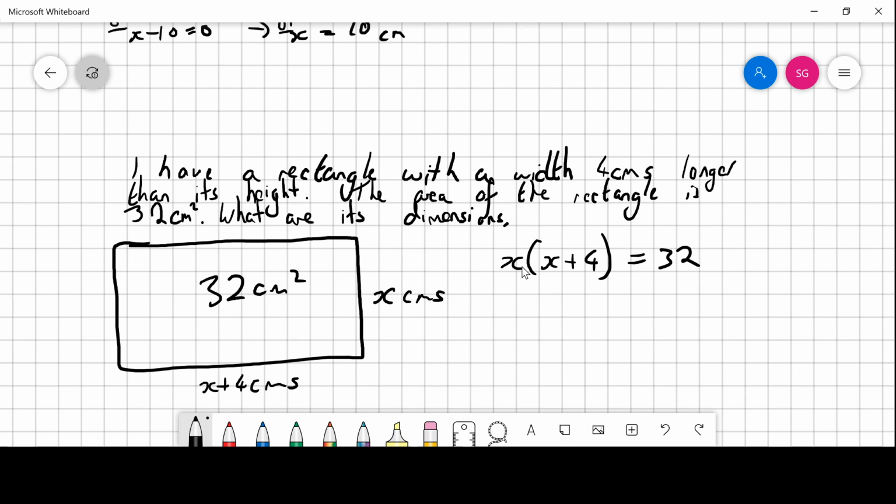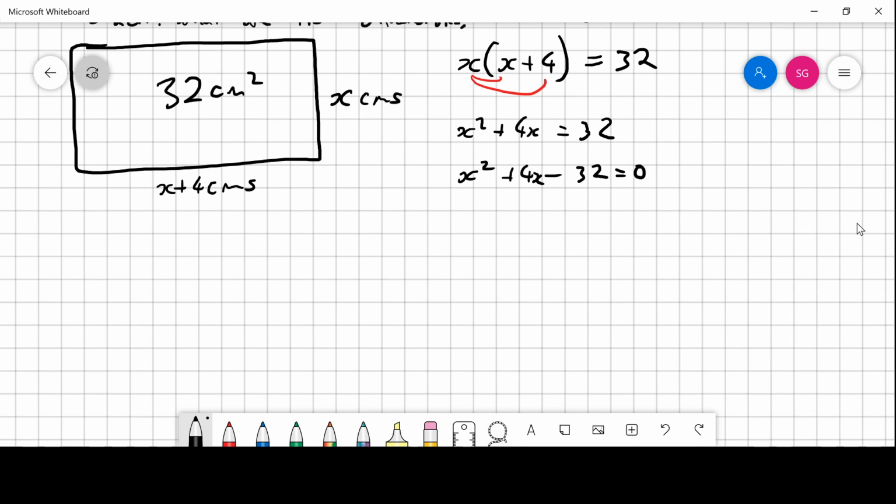So next we're going to multiply out our brackets, and we get x squared plus 4x equals 32. And now to get x squared plus 4x minus 32 equals 0, because we're bringing this over so that we can have the full quadratic on one side of the equation. Because if it's not all on one side of the equation, we can't really factorize it, can we?